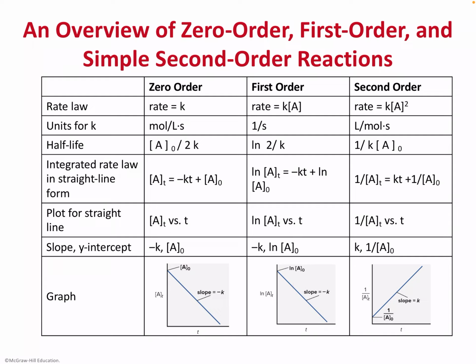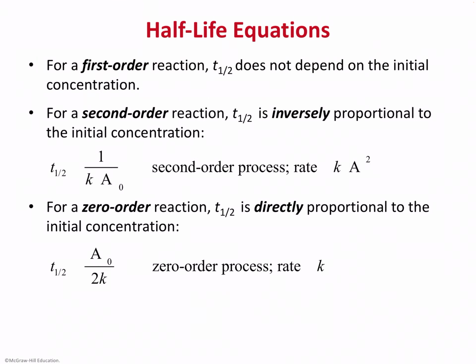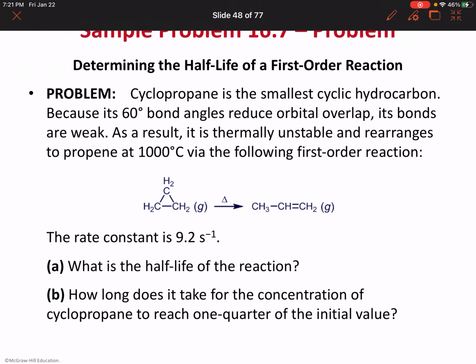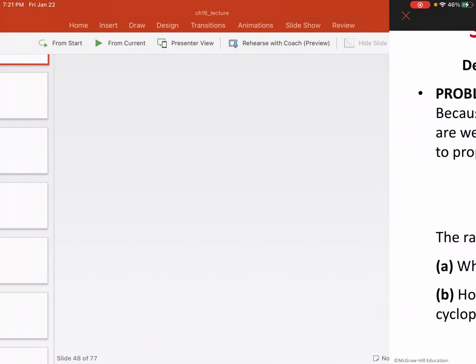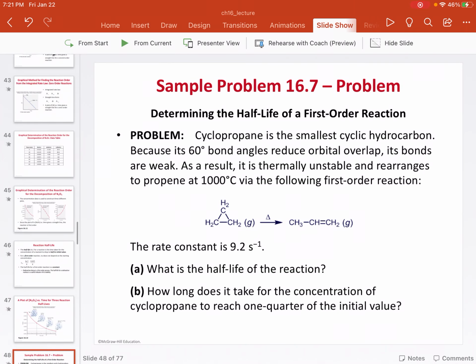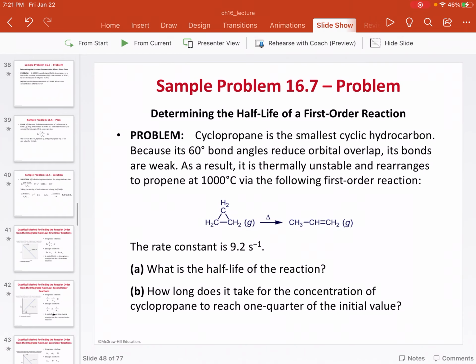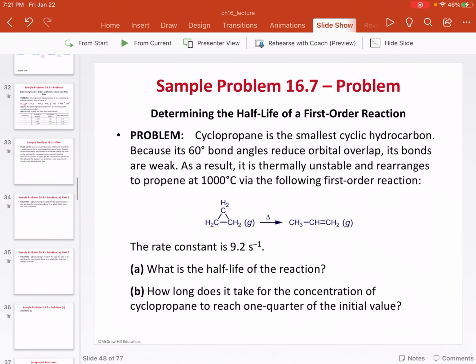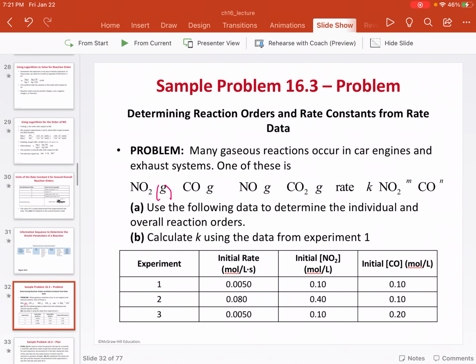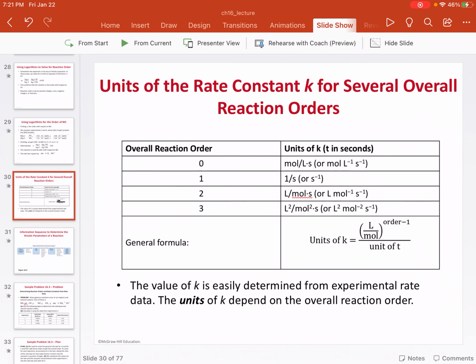And in addition to that, another piece of information that we can use is the units. Remember we talked about the units. Where did we talk about the units? Over here. You see in this slide we talk about reaction order and the units for k.